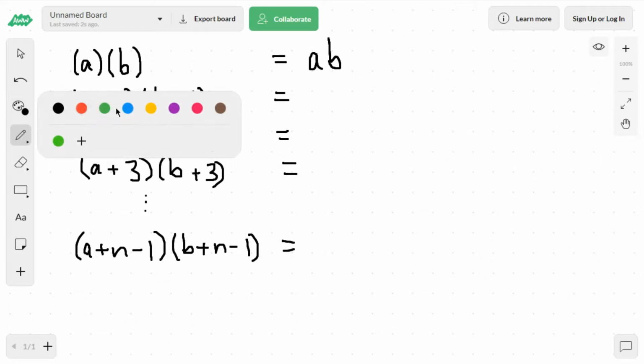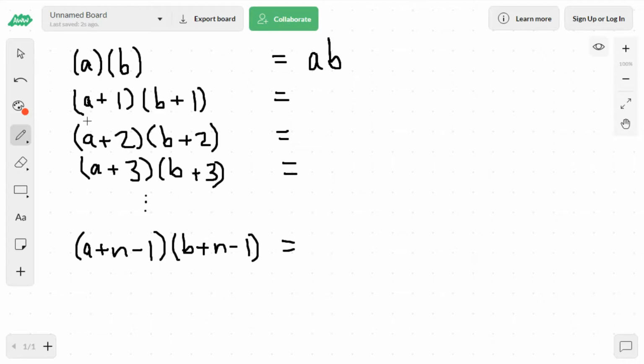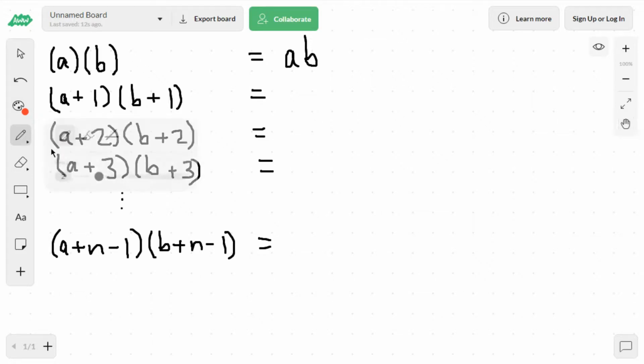Hey, let's take a moment to actually figure out why it's going to give us what it does. Let's spend a minute on it. First of all, we have to talk about the distributive property. Let's do this real quick.